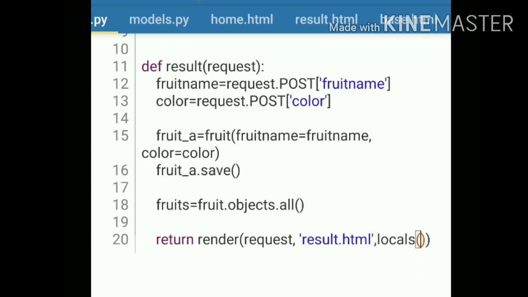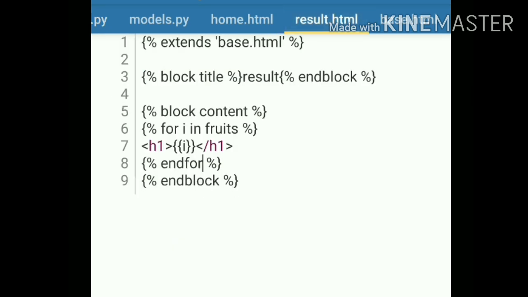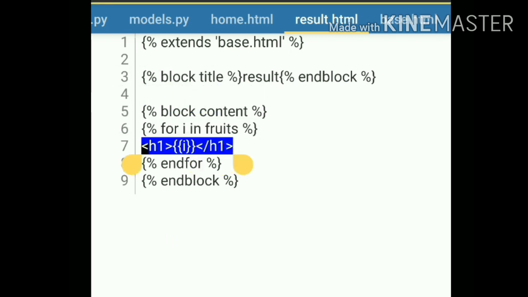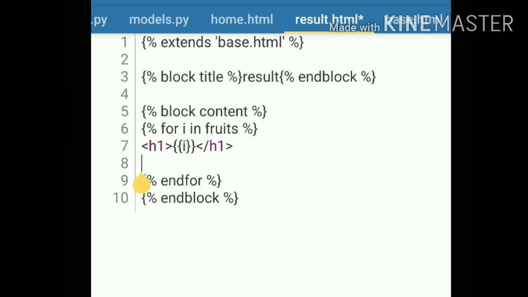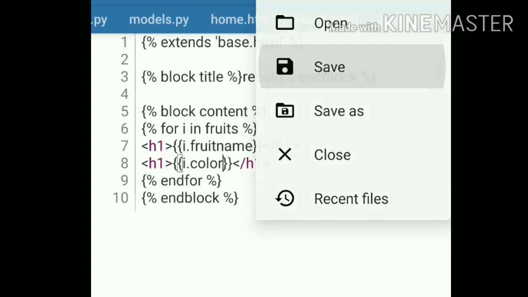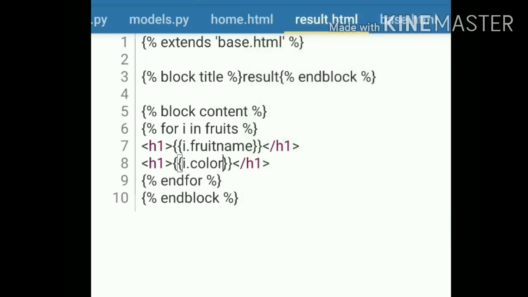So let's go inside our results.html, and here we have to use i.fruitname and i.color. So let's copy it and paste again, and here we have to use i.fruitname and then i.color. Now the job is done, and let's save it and run the command again.